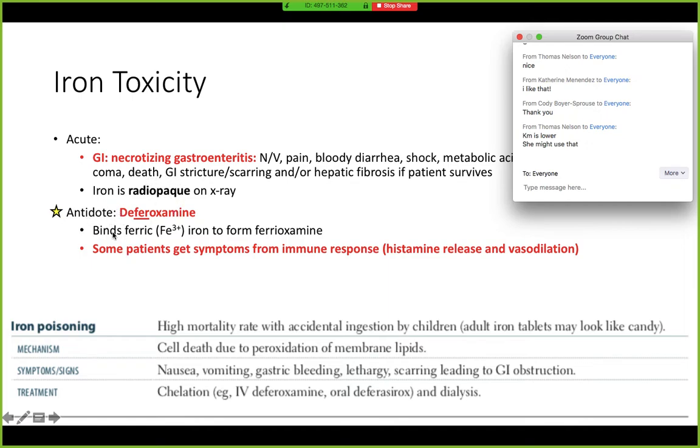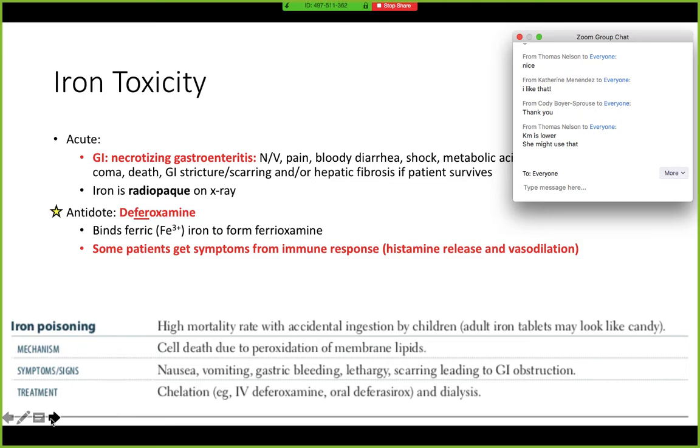And then your antidote for this is deferoxamine, which binds the ferric iron. Also, I believe she had in red the fact that some patients will see symptoms from an immune response, so histamine release and vasodilation. You can see in First Aid they mentioned the deferoxamine.